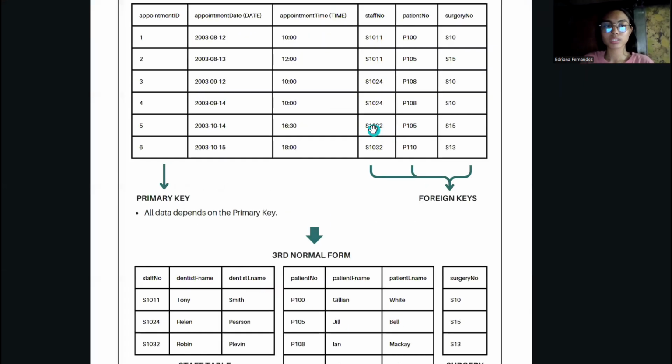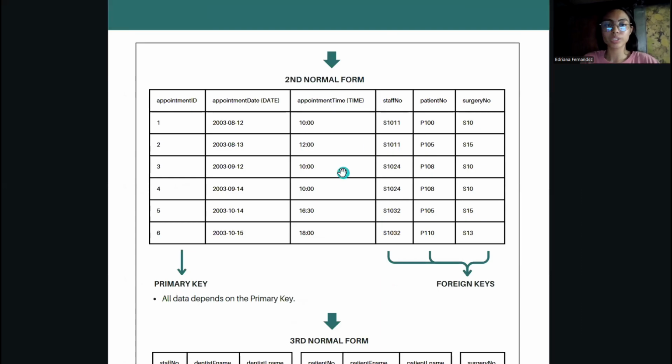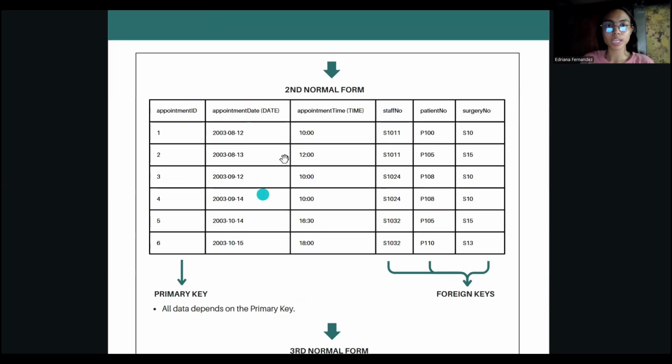So next, for continuation, we have here the appointment ID, where the appointment date and appointment time depend on the appointment ID, as well as the staff number, patient number, and the surgery number, because these are the foreign keys and they depend on the appointment ID we created.